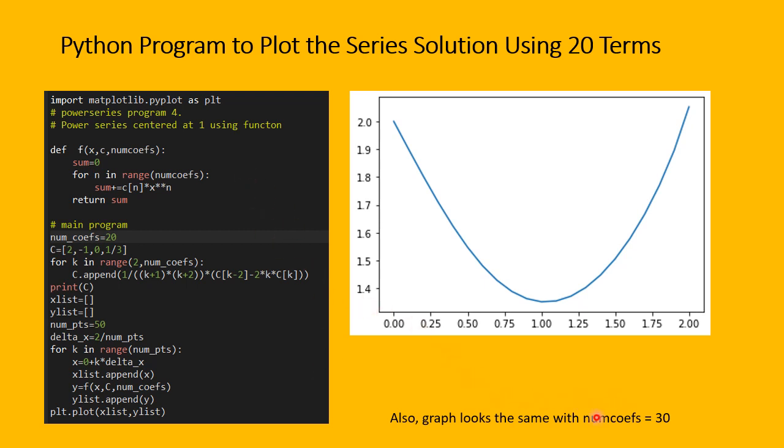If you let the number of coefficients equal 30, it makes virtually no difference to this curve. You might like to try that yourself sometime. But in any case, it looks to me like 20 terms are good enough for our purposes, at least if you want the graph of the solution between x equals 0 and x equals 2.